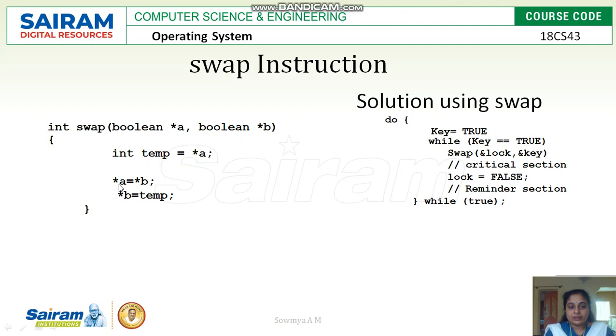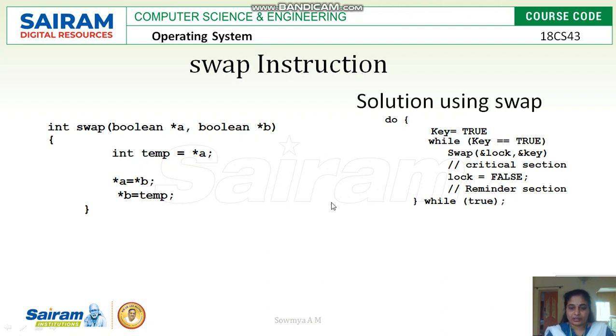Then a is updated with b, and b is updated with the value of a, so the values of a and b are exchanged. Coming to the solution, the key value is set to true.